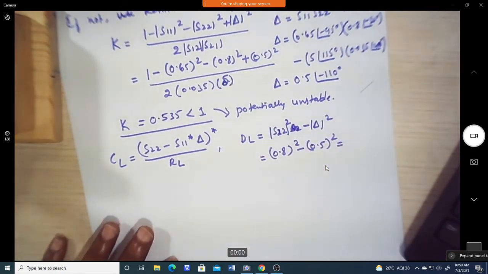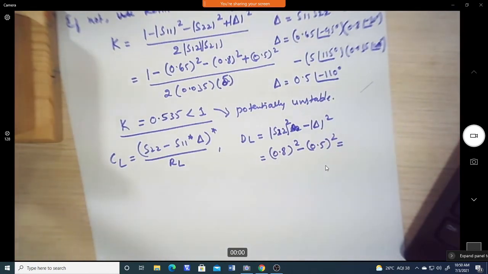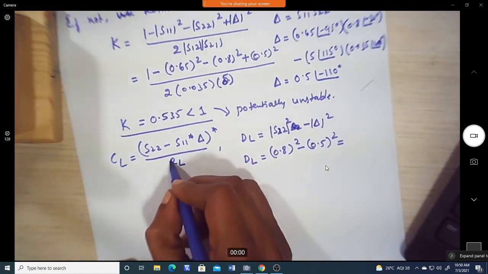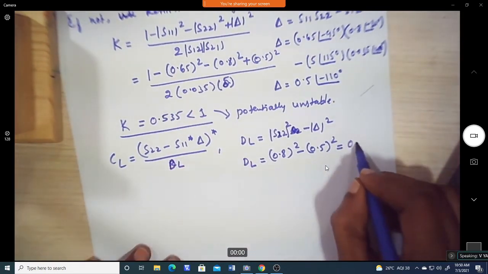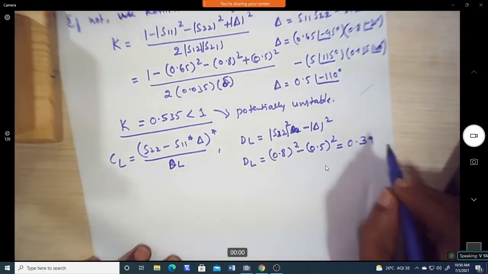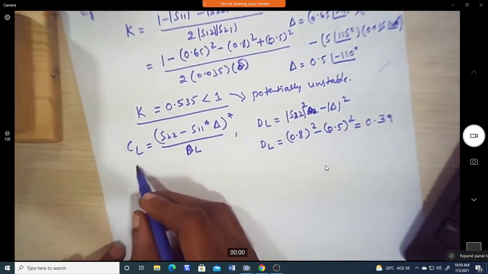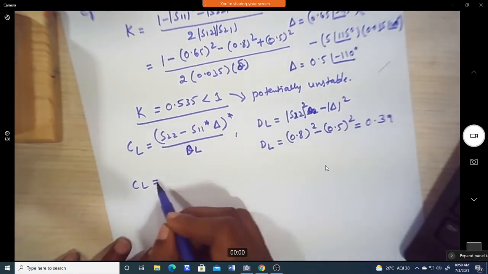So what is the value of DL? It is 0.39. Now put the value of DL here and find out the value of CL.